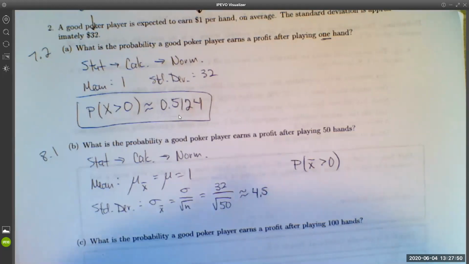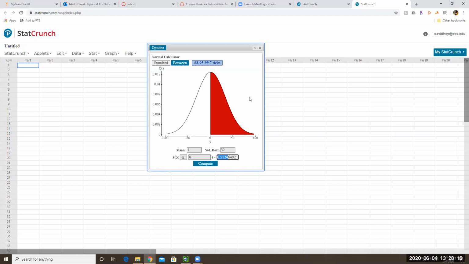Okay, so if this is the probability that they're sort of ahead after one hand, then what's the probability that they're ahead after 50 hands? Is that going to increase or decrease based on the fact that they're expected to earn $1 per hand on average? So give the video a pause and see if you can reason out the answer to that question.